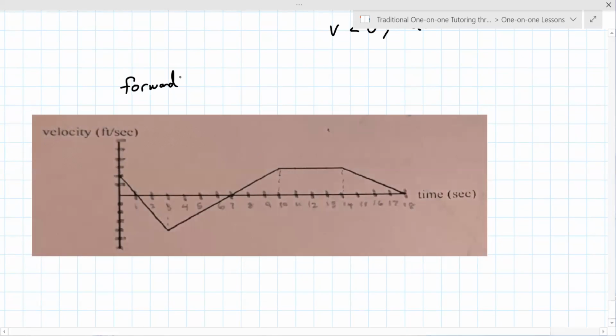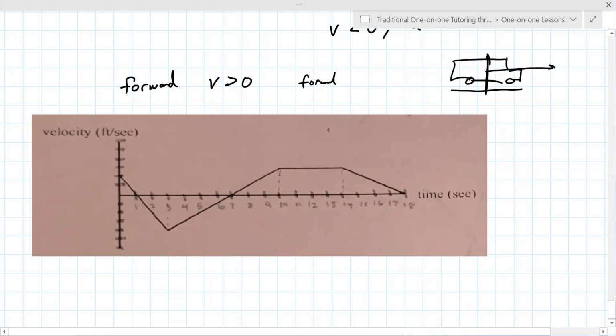How do we want to do this? If velocity is positive, and this is why this probably should have been part A, if velocity is positive, it's moving forward. So the analogy I sometimes make is, you have your car or whatever you drive. If you're stationary, if you're not moving, your velocity is 0.